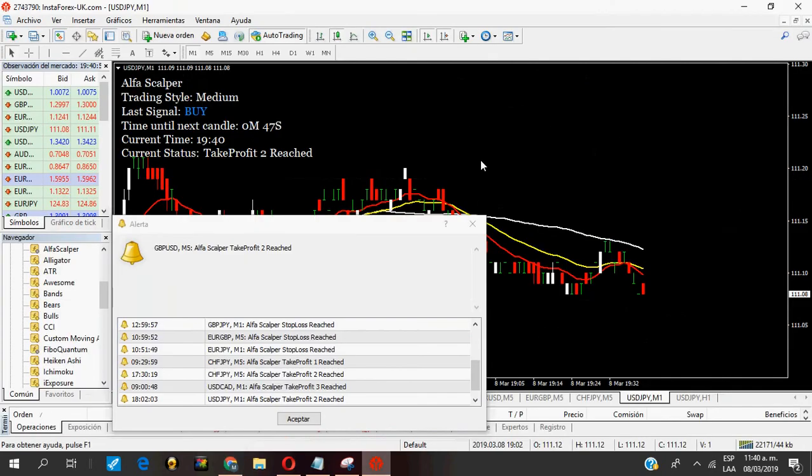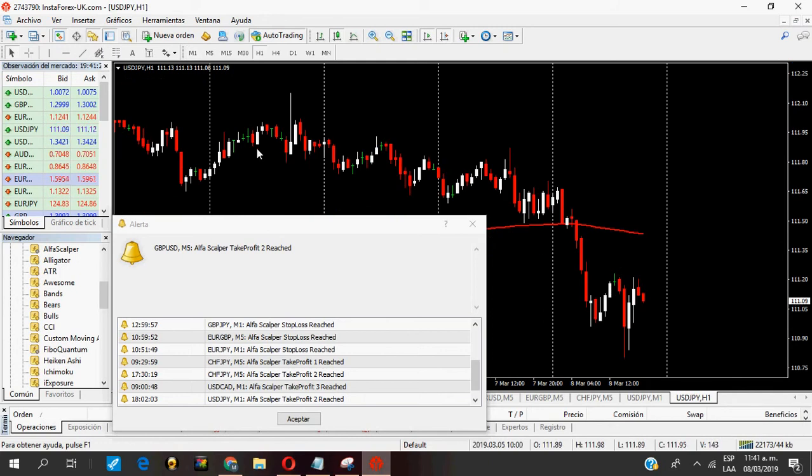Let's see an example. As you can see, here is the pair USD/JPY, and Alfa Scalper sent a buy Forex signal. Let's see the general trend of the USD/JPY.